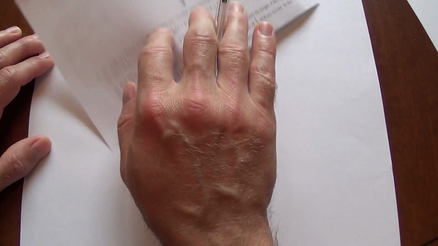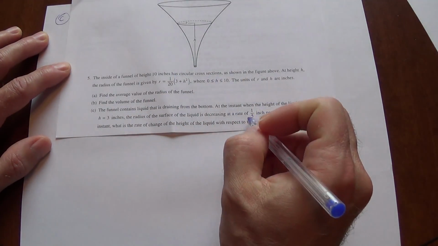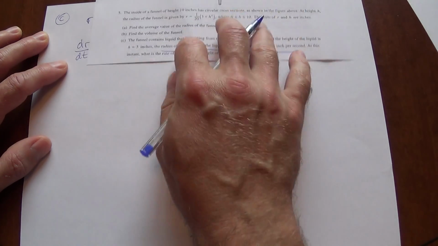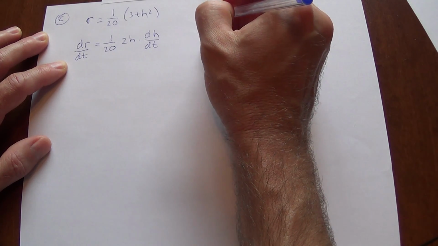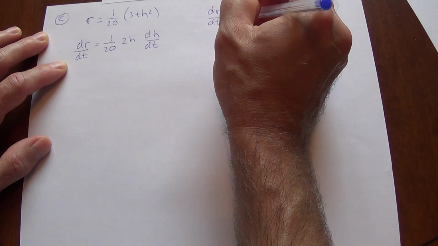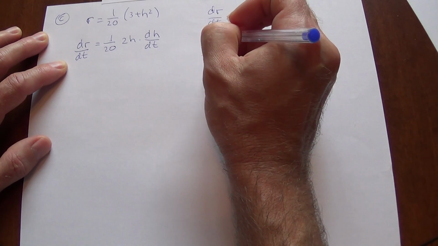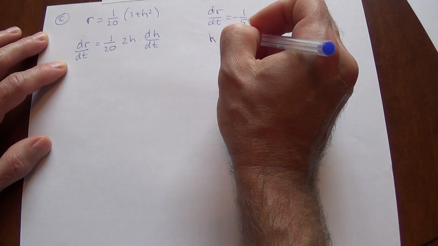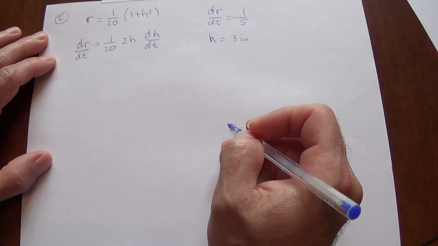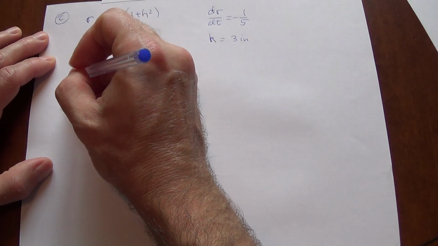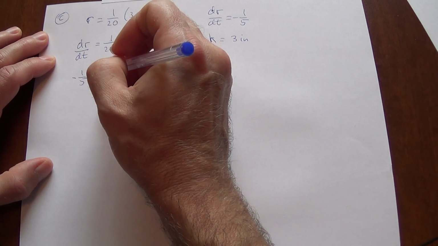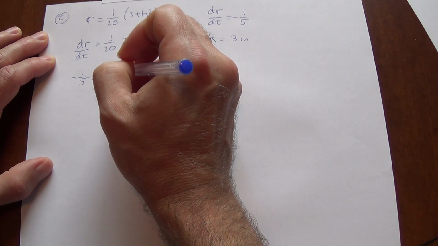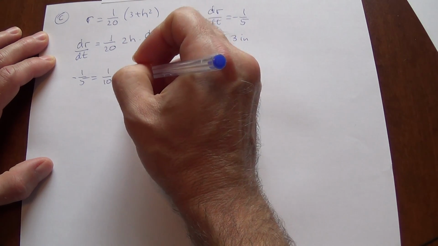Let me show you this. The radius is decreasing, so it's negative. So we need to make ourselves a note here. It's negative 1/5. We know that the height will be 3 inches, right? And we put it all in. So it's negative 1/5 equals 1/10 times 3 times dh over dt.